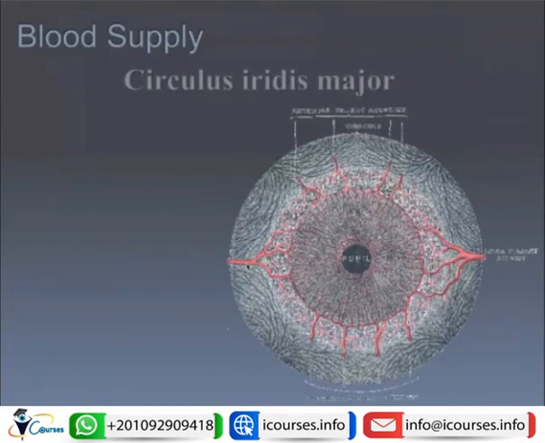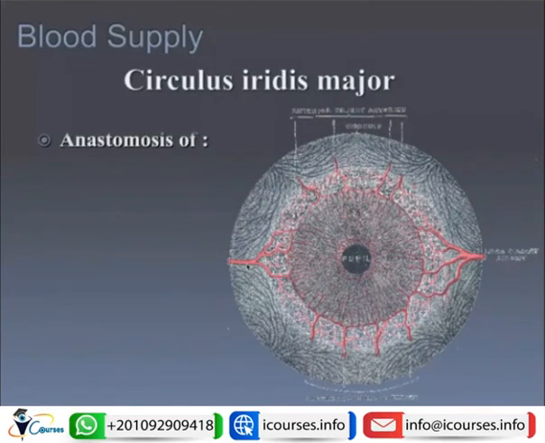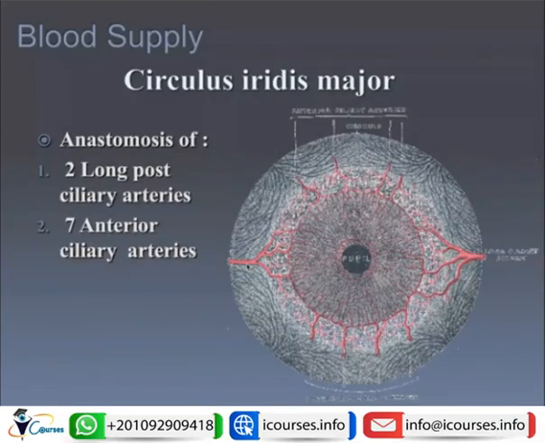Blood supply of the ciliary muscle comes from the circulus iridis major, which we said is the anastomosis between the 2 long posterior ciliary arteries and 7 anterior ciliary arteries. The anterior ciliary arteries are 2 arteries for each rectus muscle.